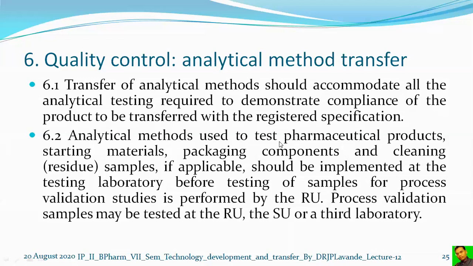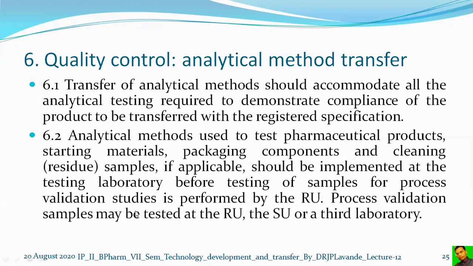Analytical methods used to test pharmaceutical products, starting materials, packaging components, and cleaning samples, if applicable, should be implemented at the testing laboratory before testing of samples for process validation studies is performed by the receiving unit.